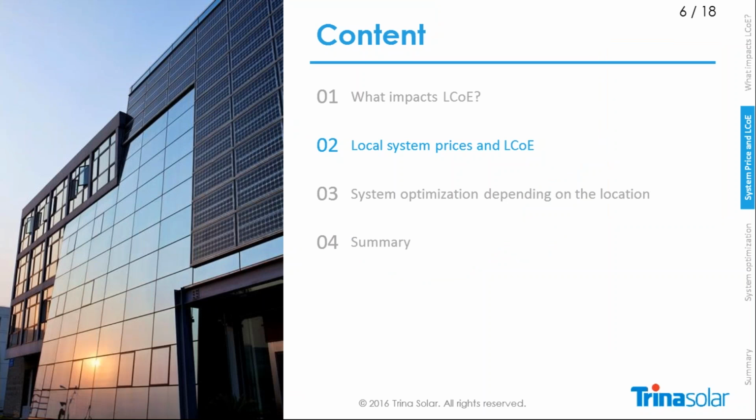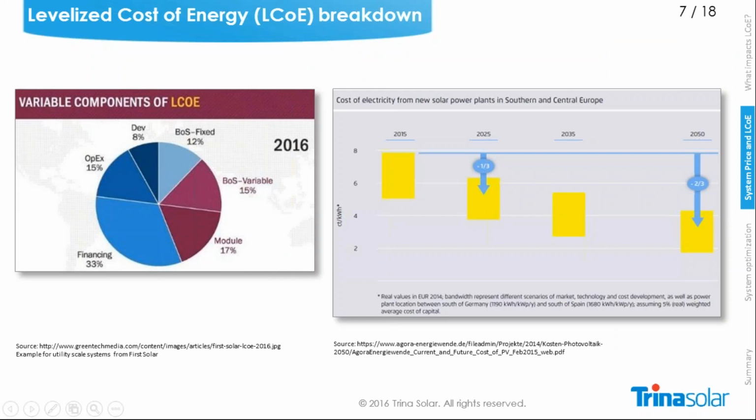Now we go to the local system prices and LCOE. First of all, the graph on the left side you already know from before. Those are the variable costs, and on the right side we have the cost of electricity and the LCOE, and how it is expected to develop within Europe and Southern Europe.